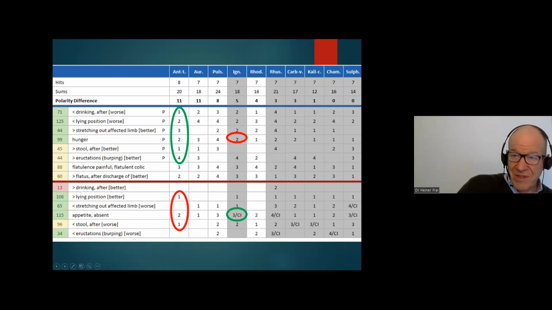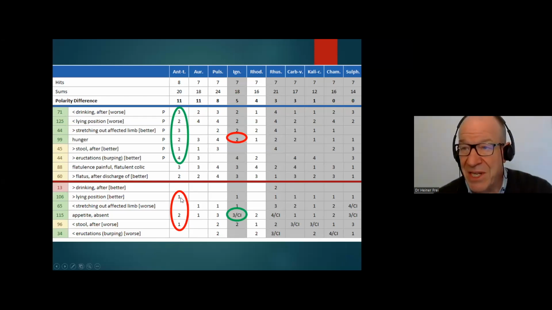In other words, every grade up here is an argument for this remedy in favor of the patient. And every grade down here is an argument against this remedy in this patient, because here the opposite is the case. This is the patient symptoms, the opposite.